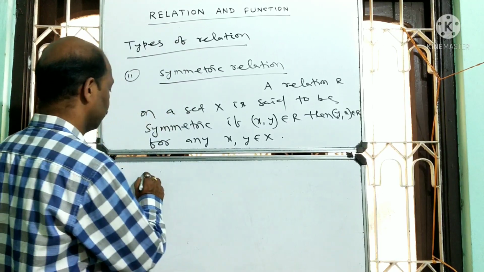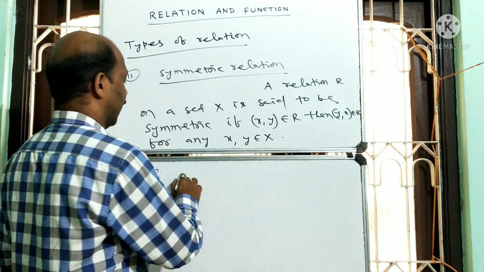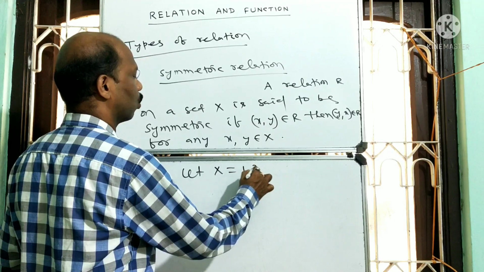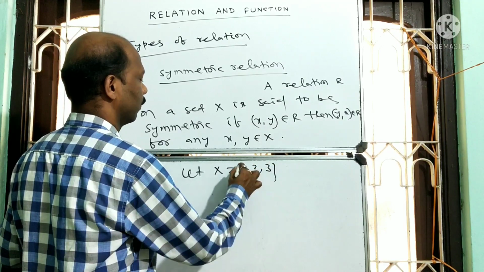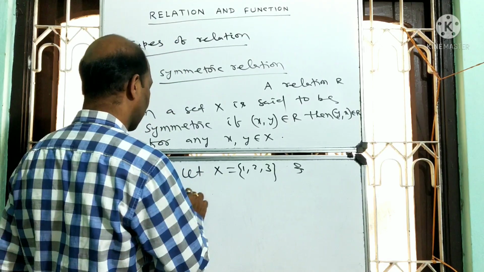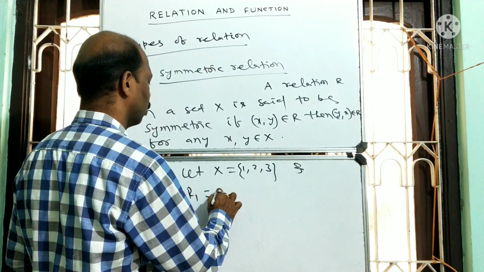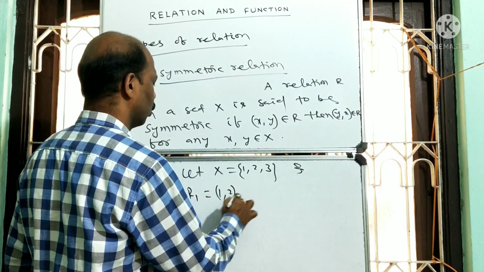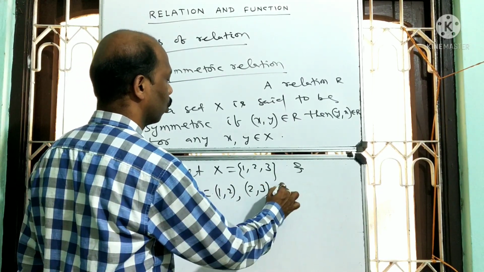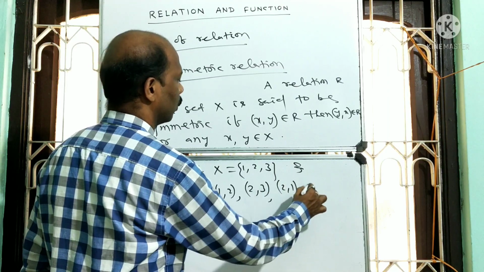For example, let X is equal to {1, 2, 3} and R1 is equal to {(1, 2), (2, 3), (2, 1), (3, 2)}.